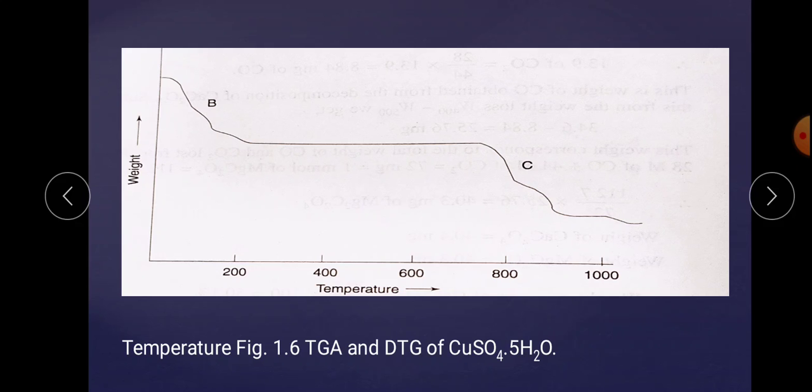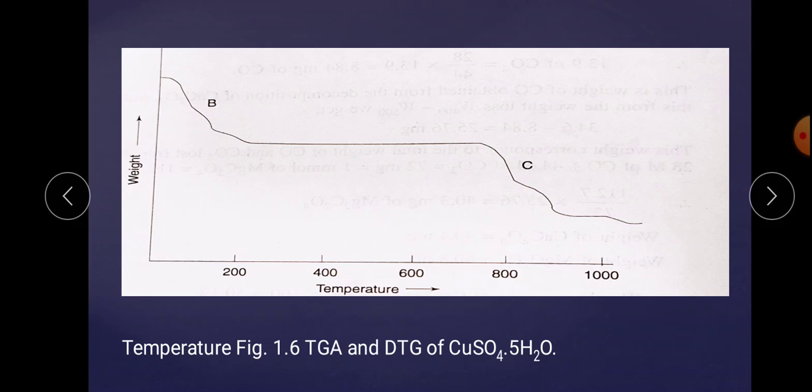The C point corresponds to the formation of a golden yellow basic sulfate having the composition CuO·SO3. So on the basis of this TGA curve, we cannot indicate the exact different steps of reaction that occurred in the decomposition of copper sulfate pentahydrate.